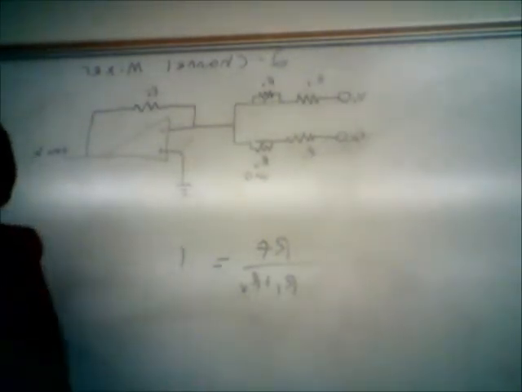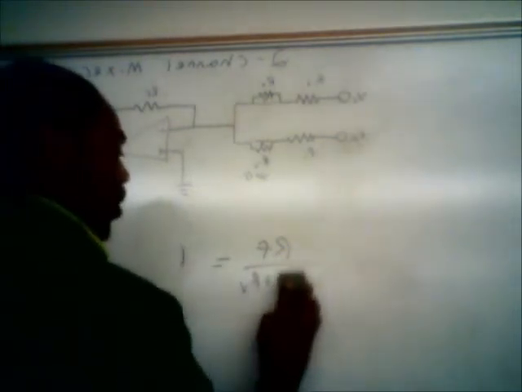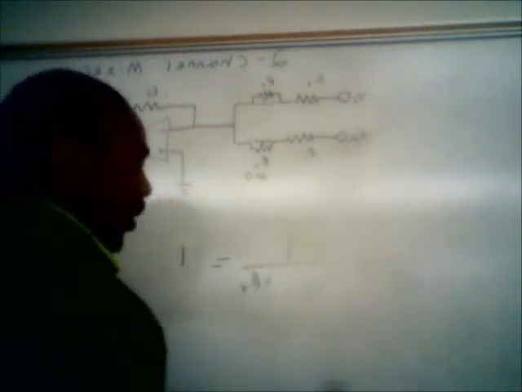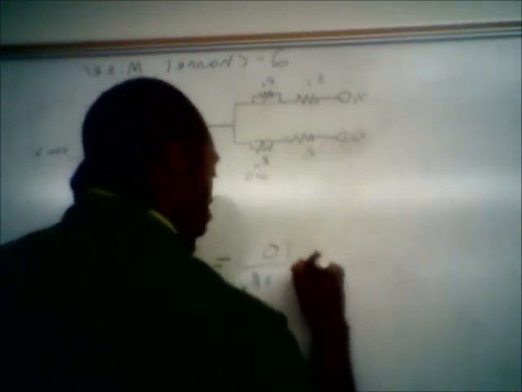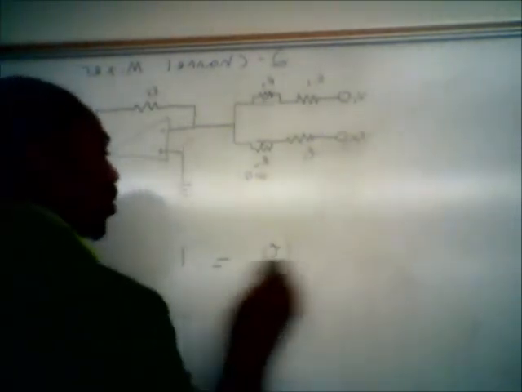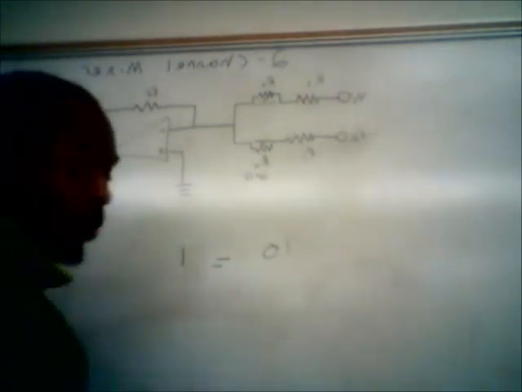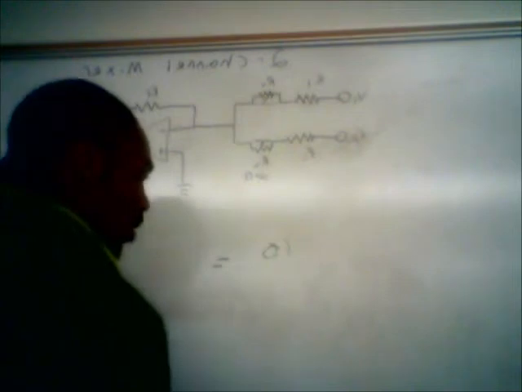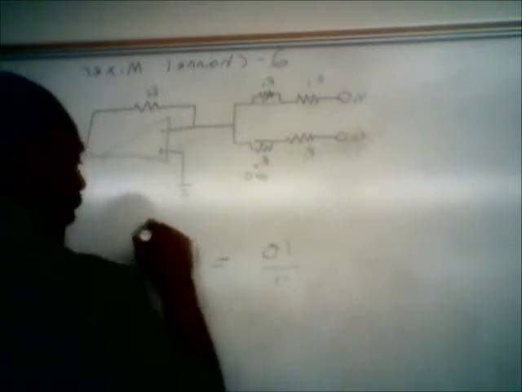We can do everything in kilo ohms, because RV is going to be in the kilo ohm range, so we have 10 kilo ohms over 1 kilo ohm plus RV. You can further reduce this, trust me here, with a little math. This gives us 0.1 equals 1 plus RV.